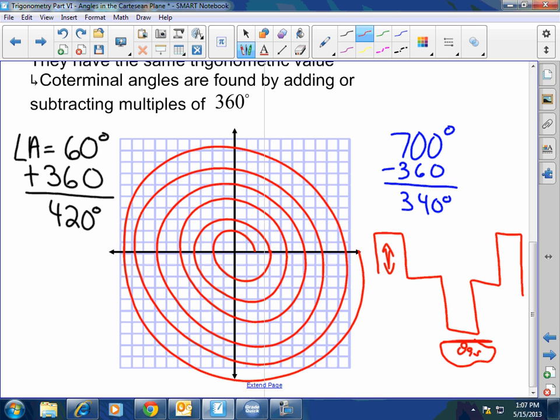Let's say this angle ends right here, and that little extra piece was, let's say, 50. Wouldn't that be the same thing as just drawing a 50-degree angle? As far as value goes, the value of all of these circles is the same as the value of an angle of 50 degrees. Does that make sense, guys? May I continue? Thank you, gentlemen.